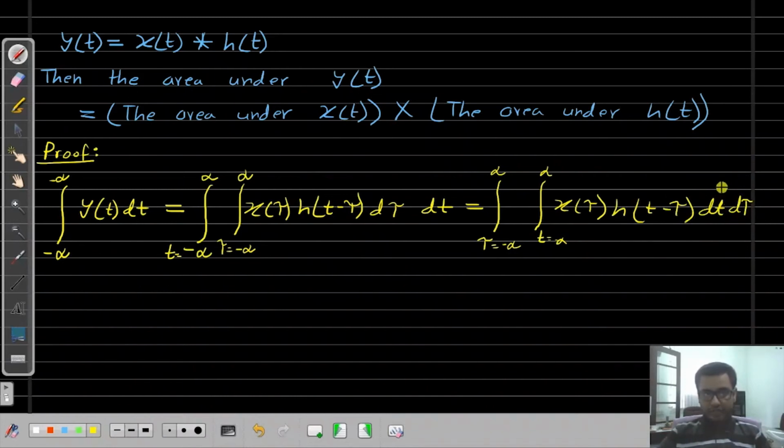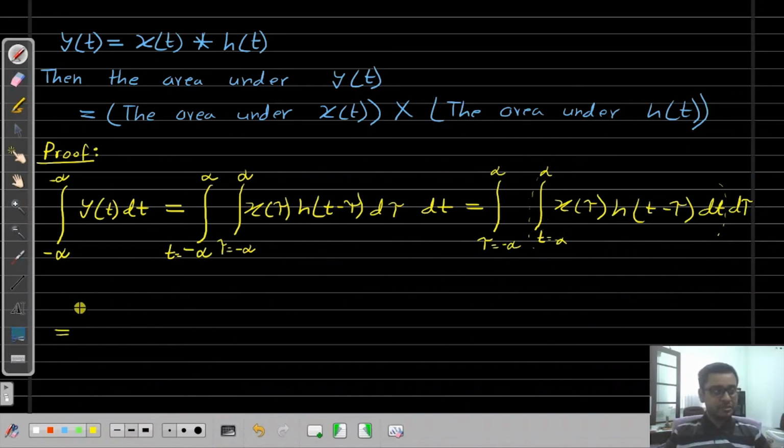So first integration is over t, then over tau. Now you note that while doing the inner integration, x(tau) is constant because t is the variable. So therefore we can take x(tau) outside of the inner integration.